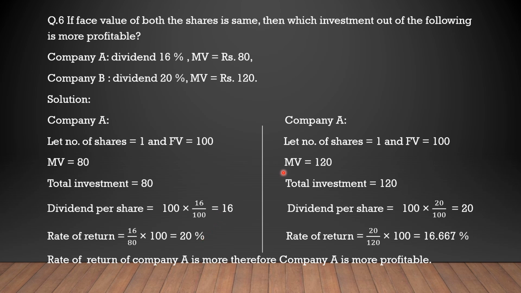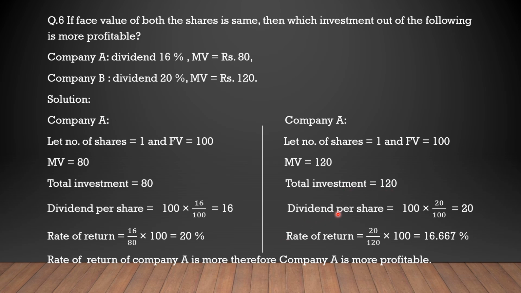For company B, number of shares is equal to 1. Here we assume number of shares is equal to 1 and face value is 100. MV, market value is given which is 120. Then we find total investment. Number of shares is 1, that's why total investment is market value. So total investment is 120.